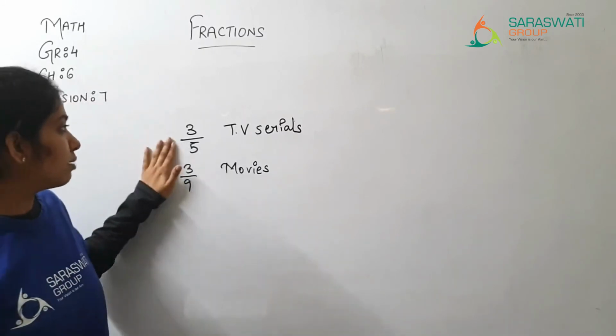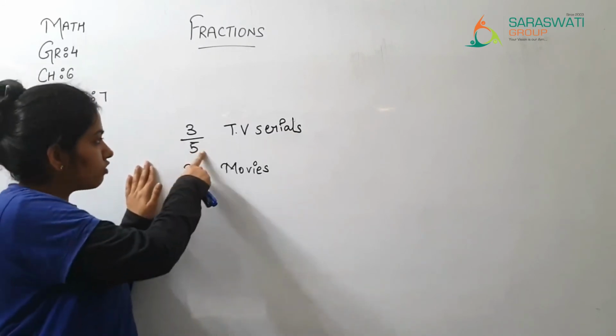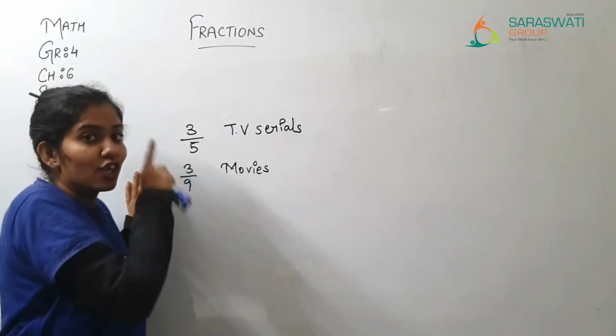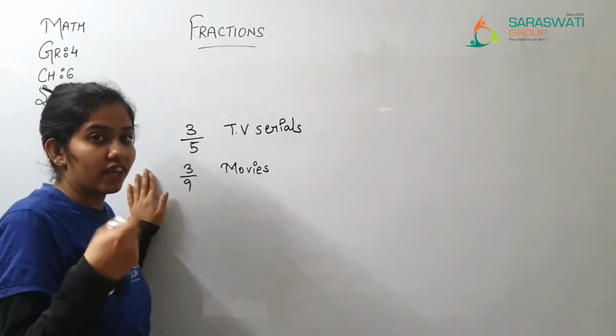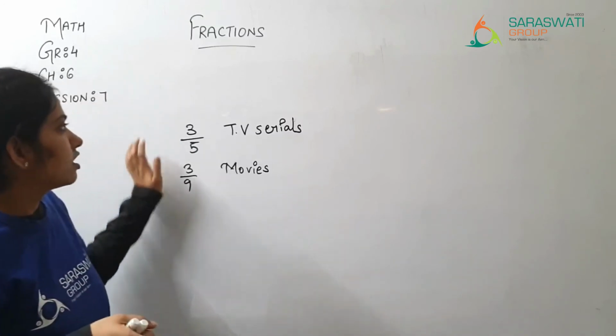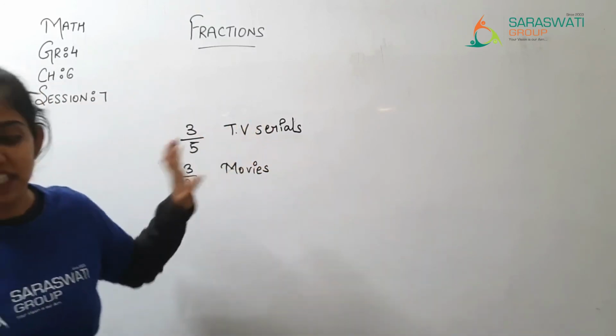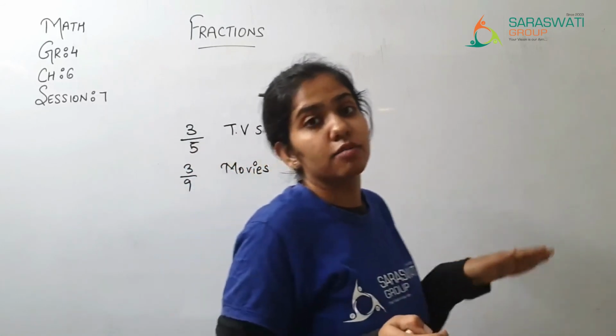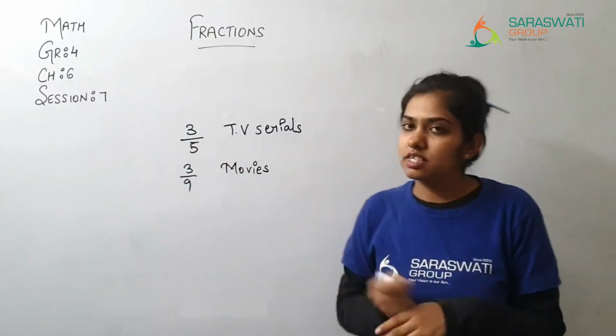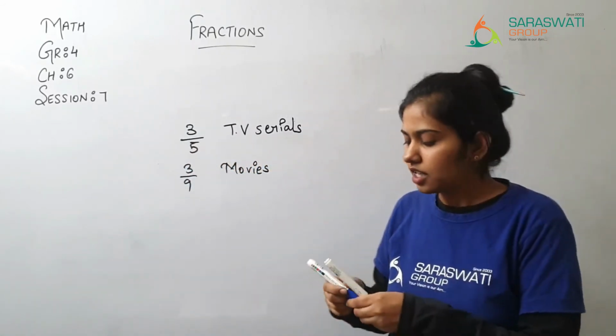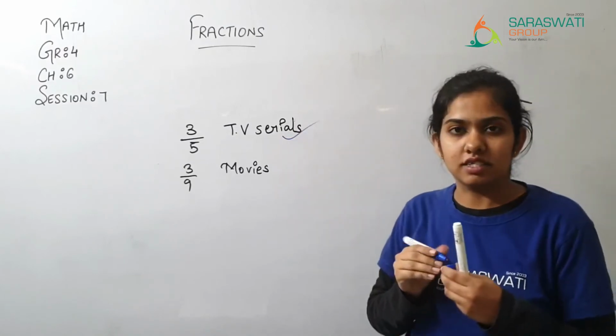So 3/5 is the greater because 5 और 9 में 5 छोटा है, so वो बड़ा कहलाएगा, उसकी वैल्यू ज्यादा रहेगी. So yes, 3/5 that means TV serials are more popular. TV serials जो है वो ज्यादा popular है. So this is the answer.